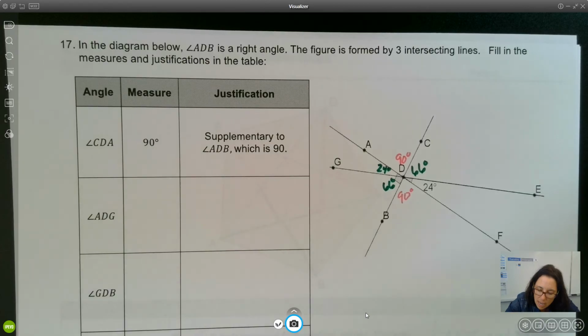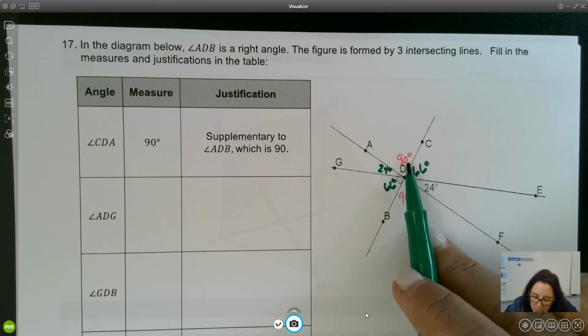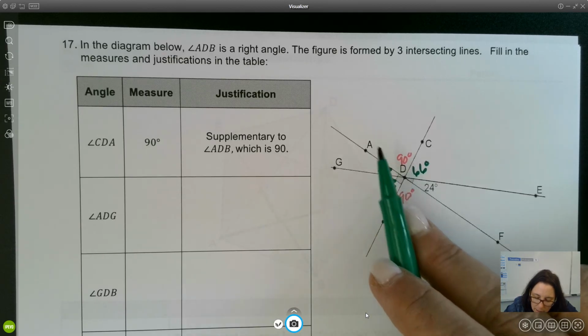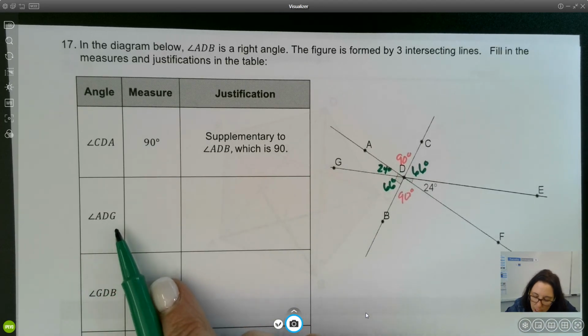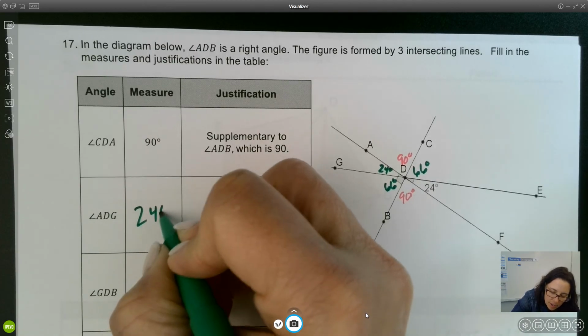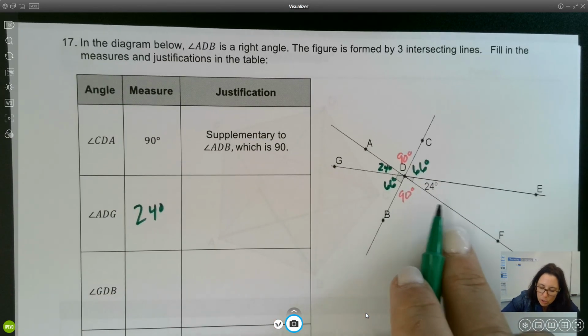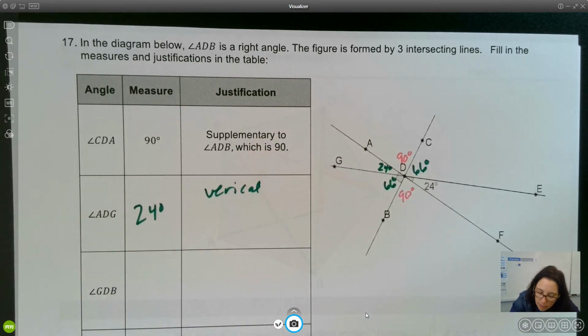Okay, angle CDA. CDA is 90 because it's supplementary to ADB. Yep. Okay, let's look at ADG. ADG is 24 degrees because it's vertical to angle EDF.